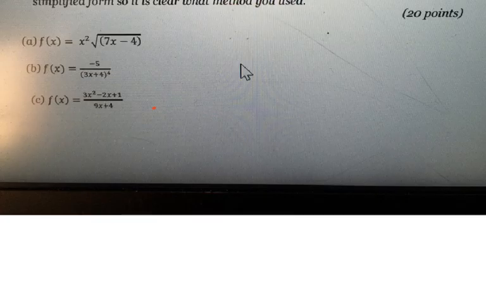So in question 3, you're asked to find the derivative. So you're going to use your derivative rules. So the first derivative rule you want to remember is your regular power rule. And your power rule is nx to the n minus 1. That's your basic rule. Please do not use the limit definition of the derivative. That's only if I ask you to find the derivative using the limit definition, not on any of these questions, so don't do that.